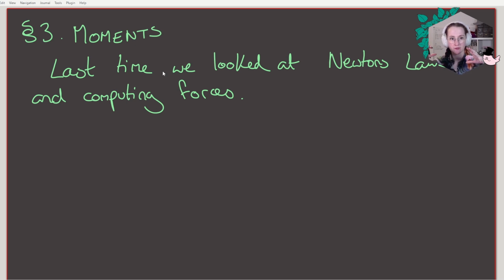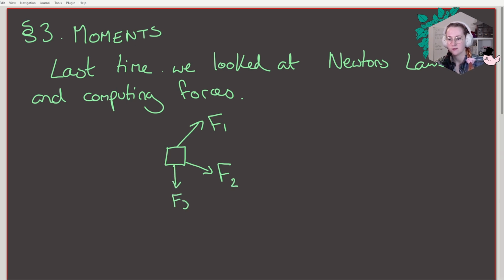We looked at resultant forces. So if you had a body or a box with loads of different forces on it, we looked at what the so-called resultant force was.